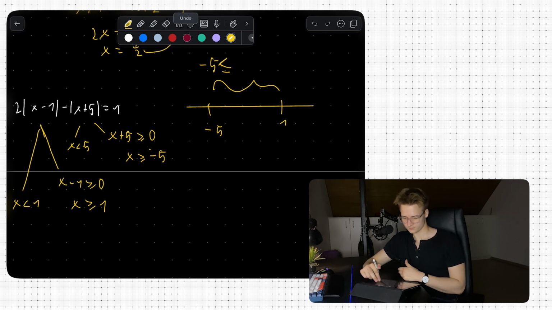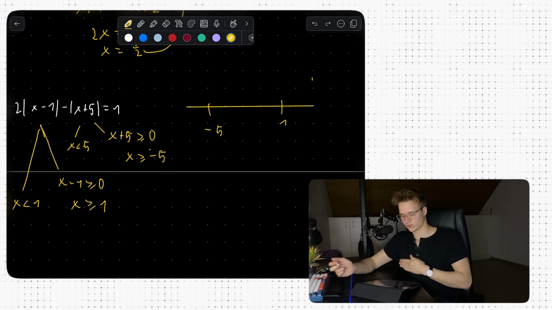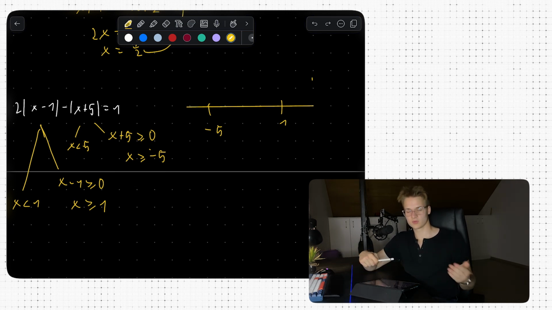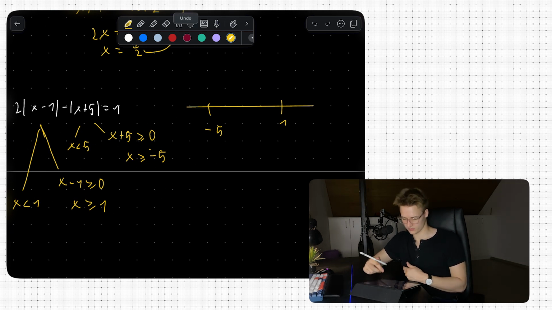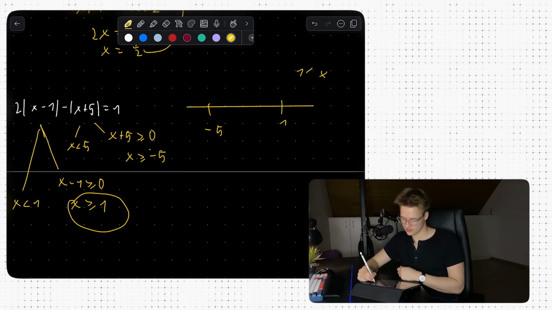Basically you place them from the most right to the most left. So which one is the most right in our case? Well, the most right here is greater than 1, which is this one. So x is greater than or equal to 1.